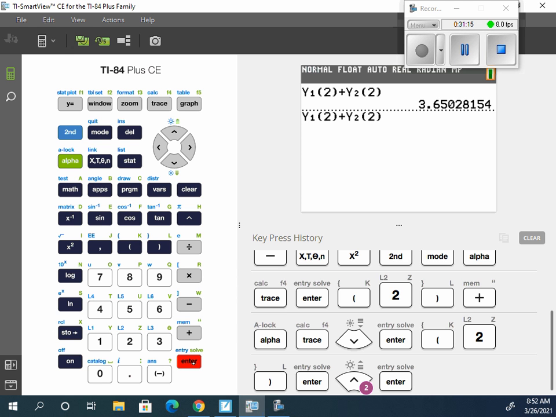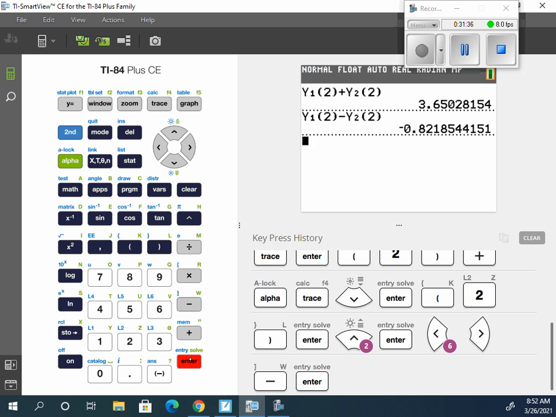And then we do parentheses 2 minus alpha f4 y2. And what I can do is if I selected this back, I can go over where the plus is and change it to minus and hit enter. So if we subtracted the two, this is what we would get.